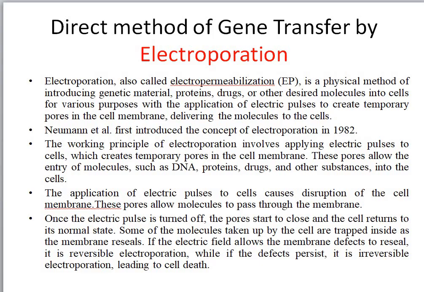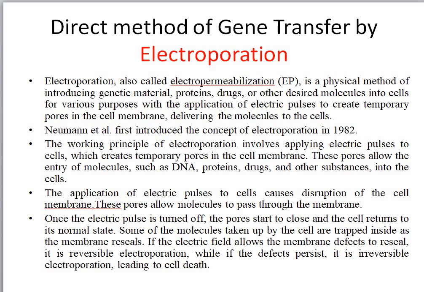Now, we know a plant cell has a cell wall and then comes the cell membrane. So in the electroporation method, we go for the protoplast method, where we remove the cell wall and take the plant cell without the cell wall, meaning the protoplast. Then we introduce the gene of interest by applying electricity.